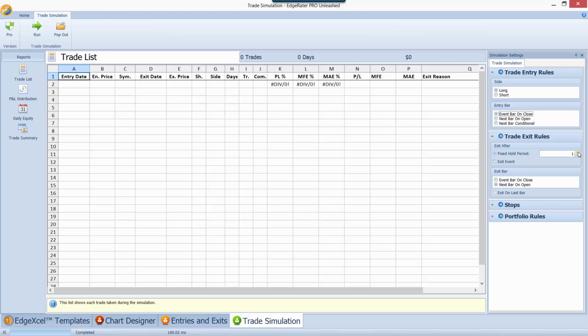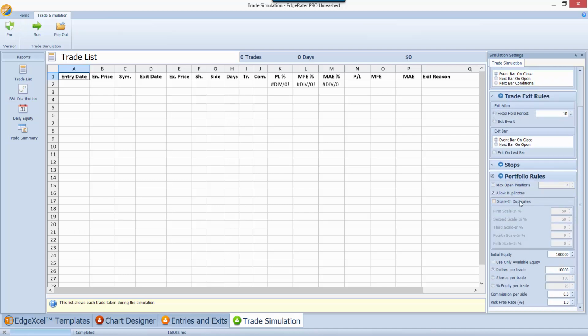We'll hold for a fixed hold period. This is just an example. You can do whatever you want in here. I'm going to hold for 10 days, and then we're going to exit at the close of the 10th day. Not going to put any stops in. I'm going to set some portfolio rules. Let's say we'll allow duplicates, meaning if the stock appears while it's already in an open trade, it will take another trade.